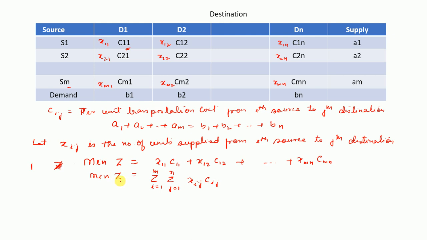Now what are the constraints? Two types of constraints will be there, one for the sources and another for the destinations. The constraint for sources is that total supply must equal A1.